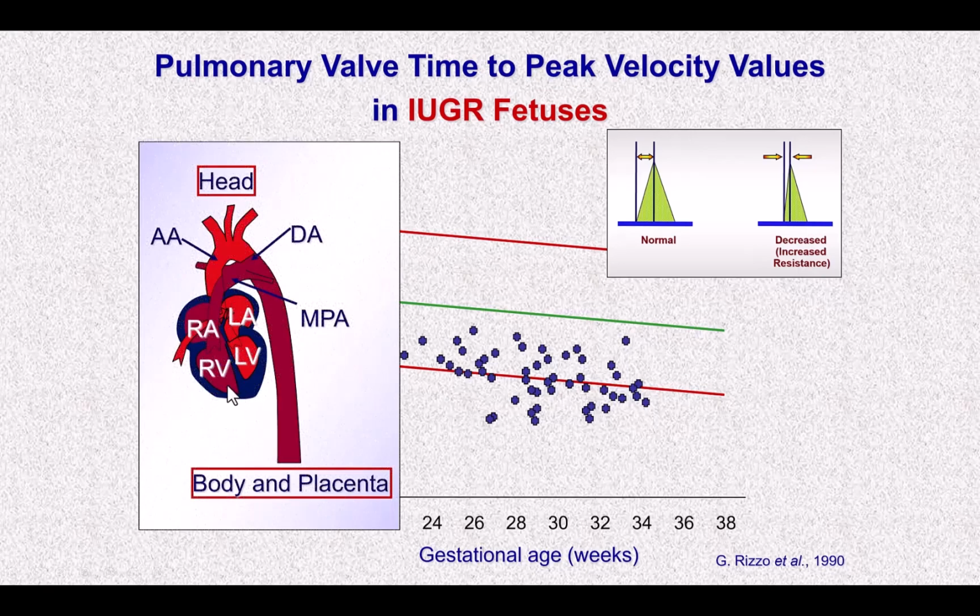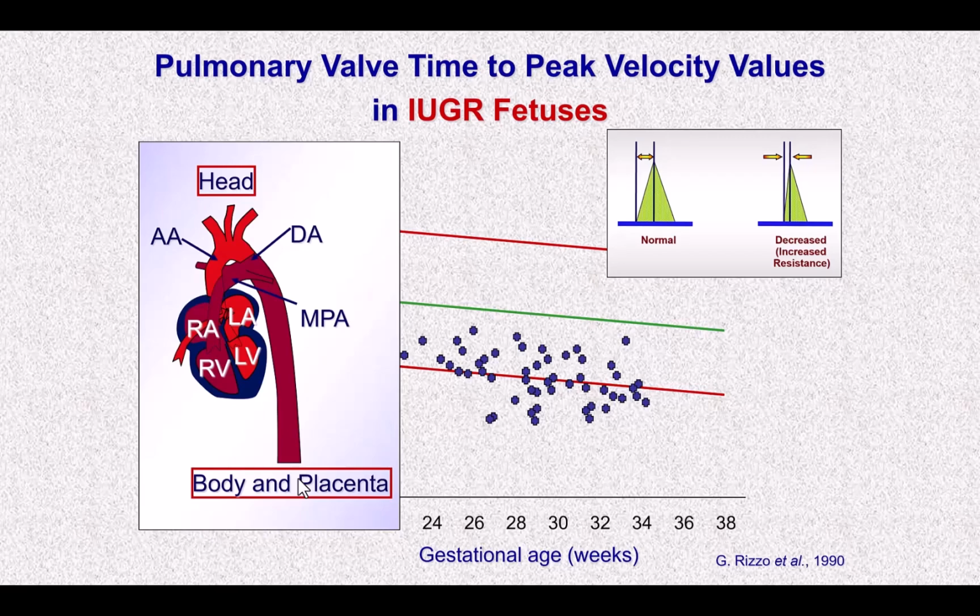You can see here the blood coming from the right ventricle is going to the main pulmonary artery, and through the ductus arteriosus supplies the body and placenta, which is a site of vasoconstriction, in order, as I told you, to shift more blood to the organs that are more important for fetal life, particularly the brain, and the placenta, which is a site of structural and functional anomalies.